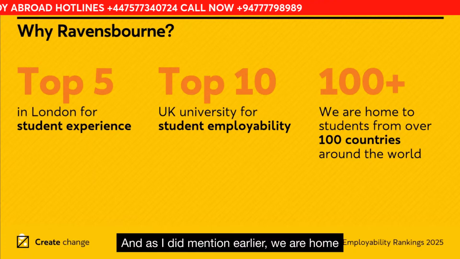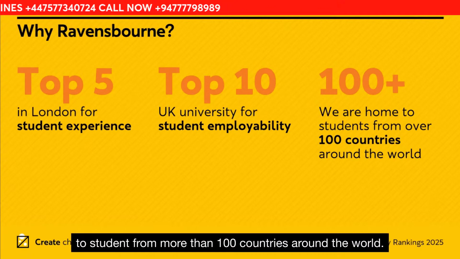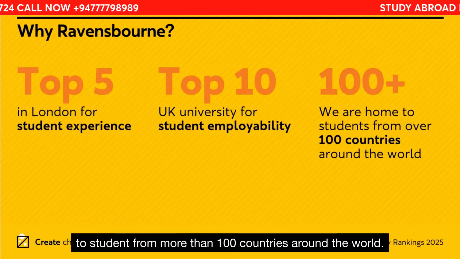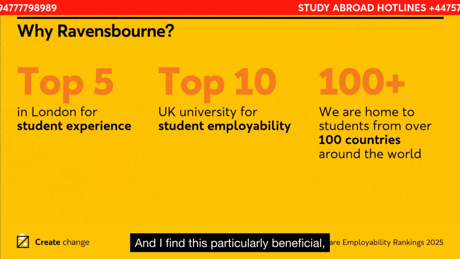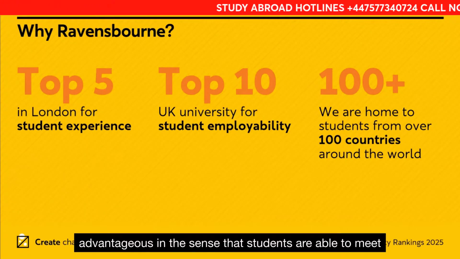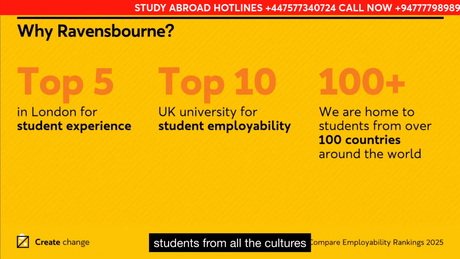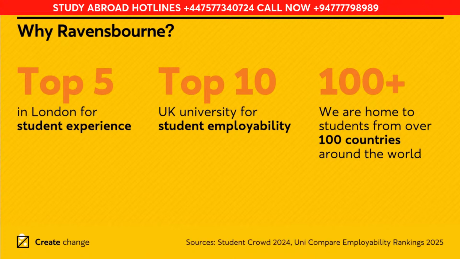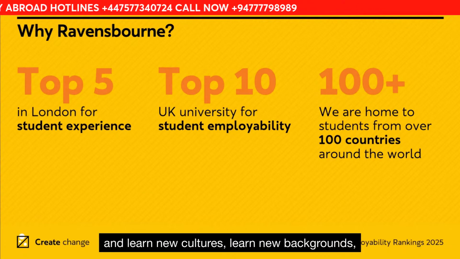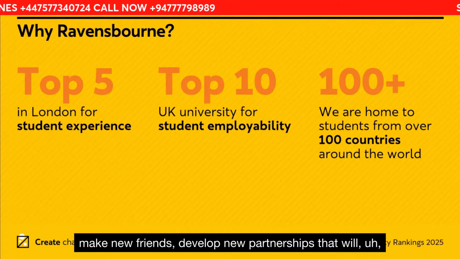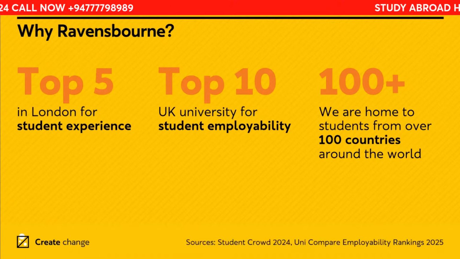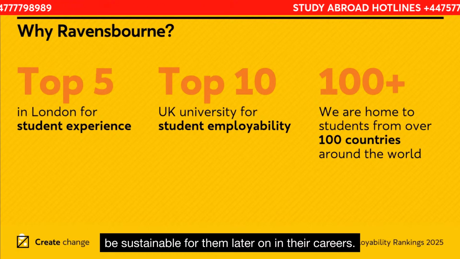And as I did mention earlier, we are home to students from more than 100 countries around the world. And I find this particularly advantageous in the sense that students are able to meet students from all the cultures, all the backgrounds, and learn new cultures, make new friends, and develop new partnerships that will be sustainable for them later on in their careers.